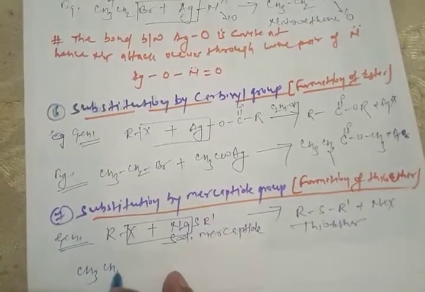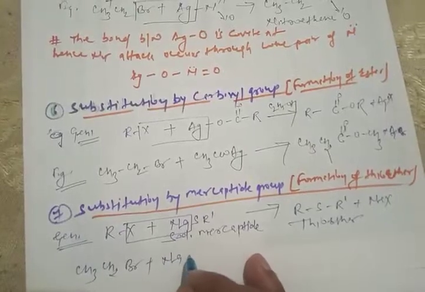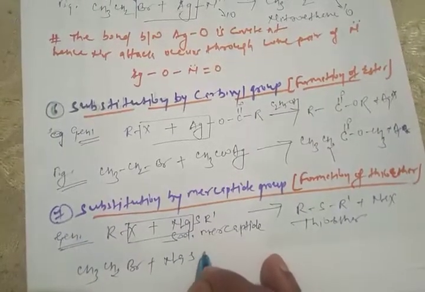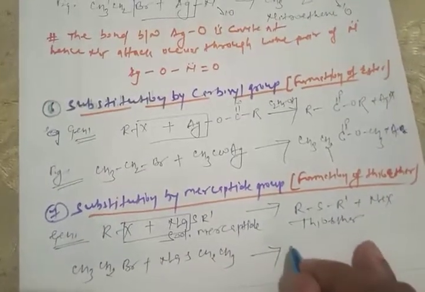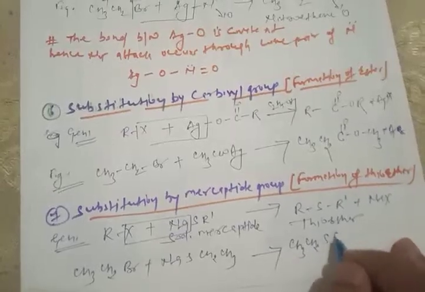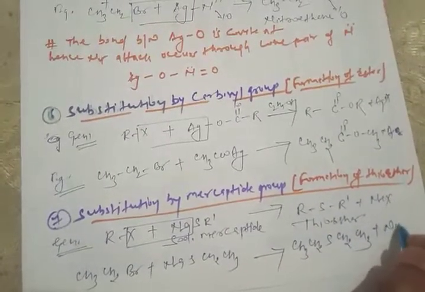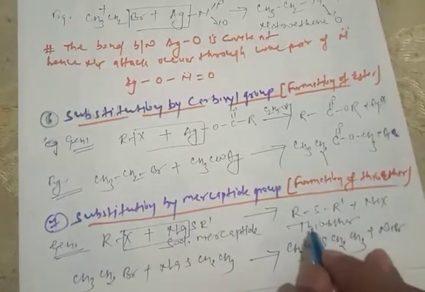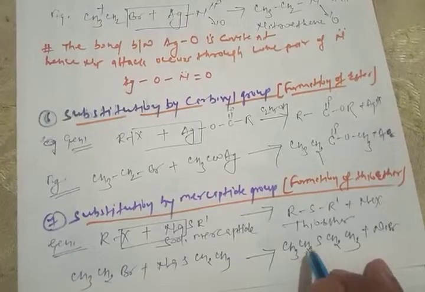Okay, you can take an example: CH3CH2Br with NaSCH2CH3. So what will we get? We get CH3CH2SCH2CH3 plus NaBr. And what is the name? This is thioether, so this will be diethyl thioether.